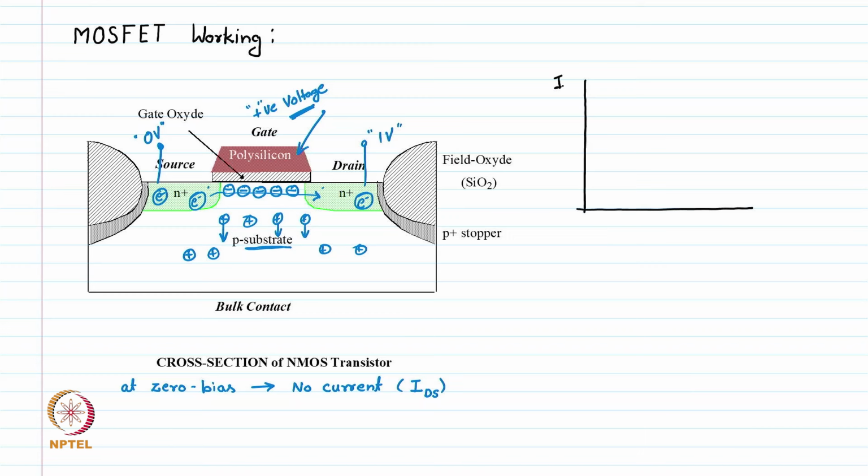This is the drain current between source and the drain, and the x axis is the drain to source voltage in volts, and this current is typically in amps or milliamps, and the characteristic looks something like this.